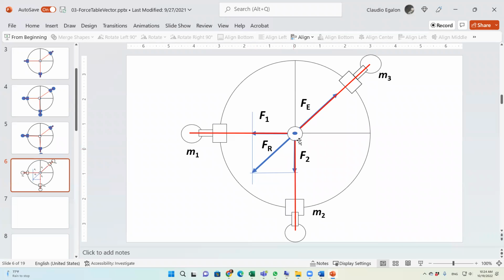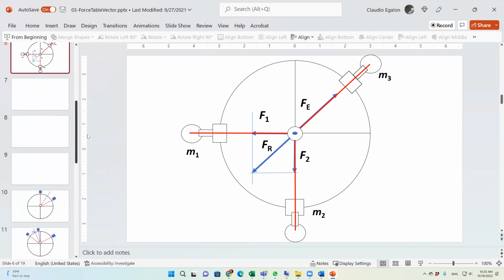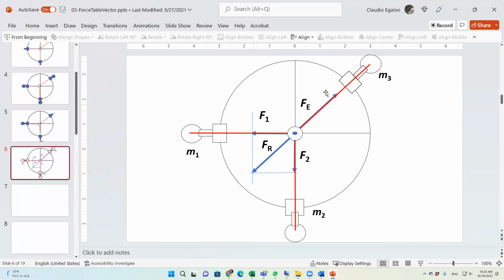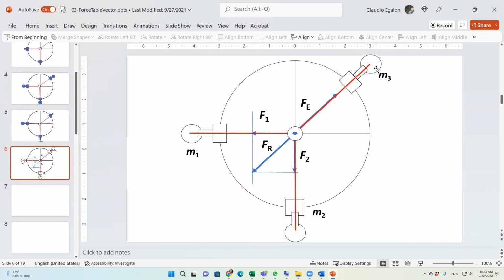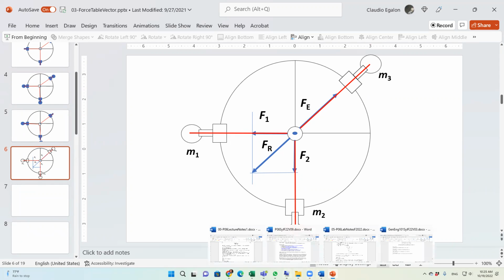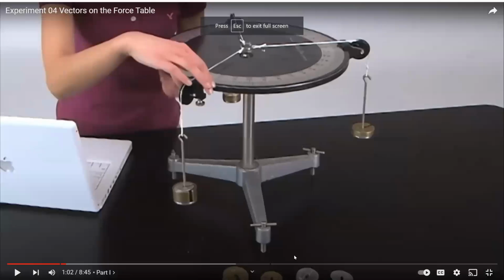To equilibrate our system, we must apply a force of the same magnitude at the opposite angle, right? We do that in the classroom. It's an experiment that works very well. The angle you find by using your hand and finding the angle where you equilibrate the other 2 forces, and the magnitude of the force F3 you find by adding slotted mass little by little. And that's what this video is all about.